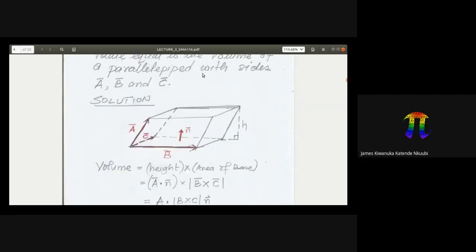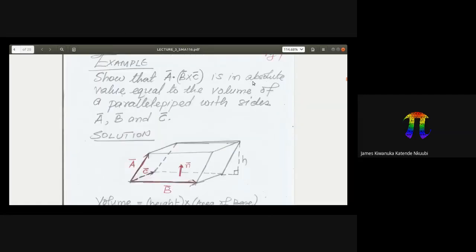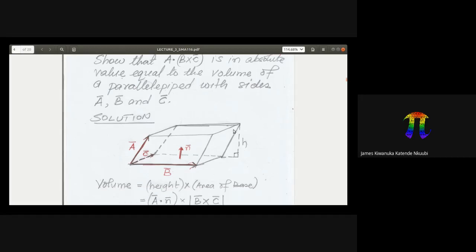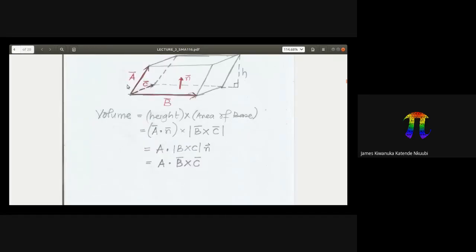That's why the question says absolute value. There's another way of considering this: when the three vectors form a left-handed system, this will change sign. It will be negative.